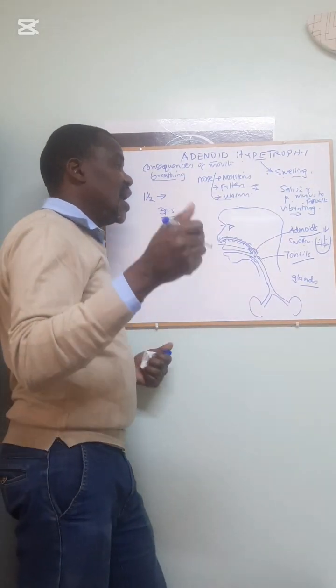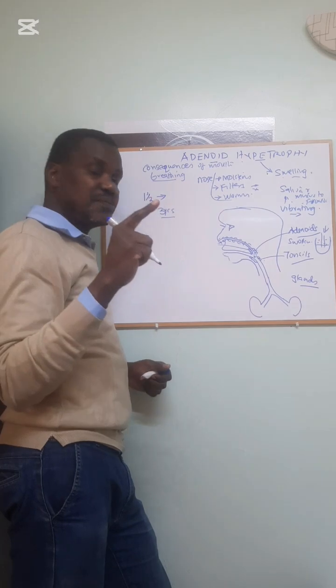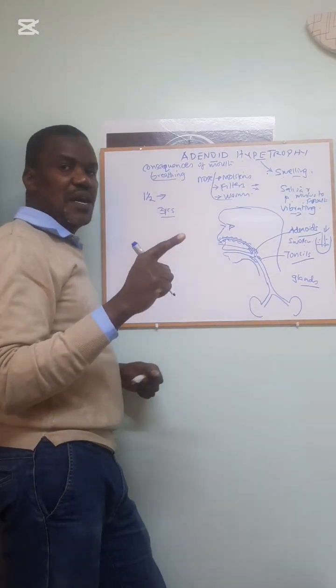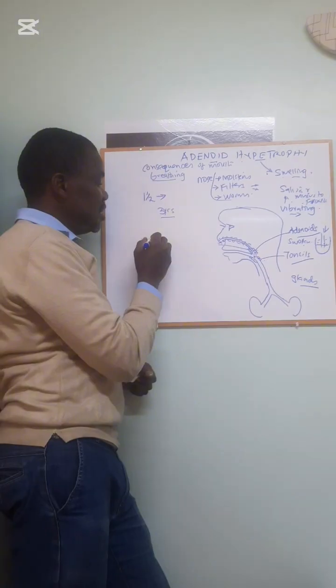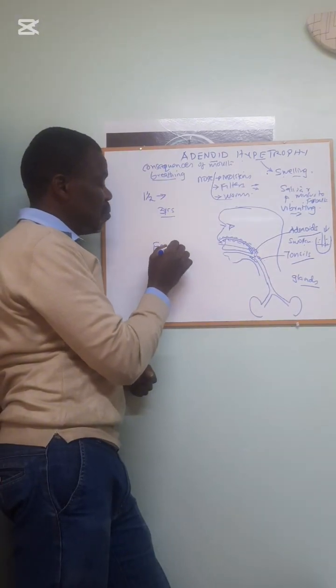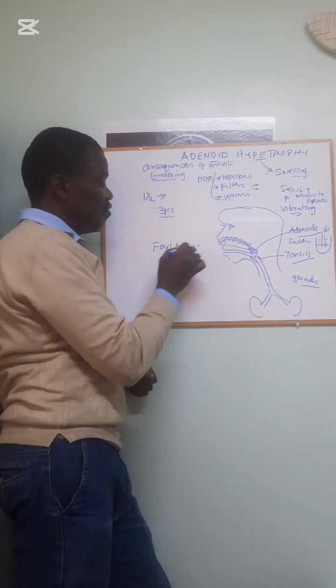Another symptom of adenoid hypertrophy that is usually asked a lot in the outpatient setting is a foul breath from the mouth.